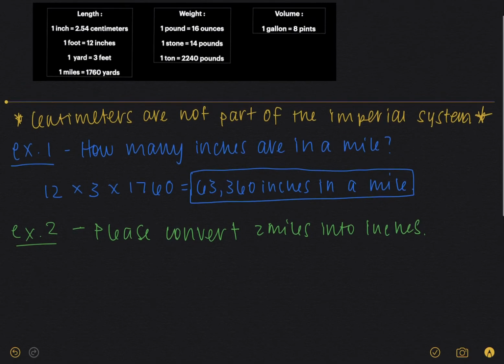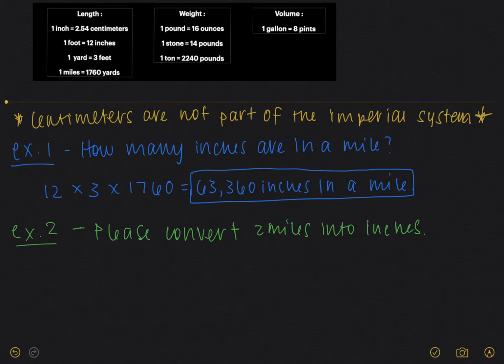Now, what we could do is we could just multiply our 63,360 by 2 and just say, okay, there it is. But we're not actually going to do that. So we're going to look up above at our chart, and we're going to think about how can we actually do this. And what we're going to do is first we're going to convert 2 miles into yards.